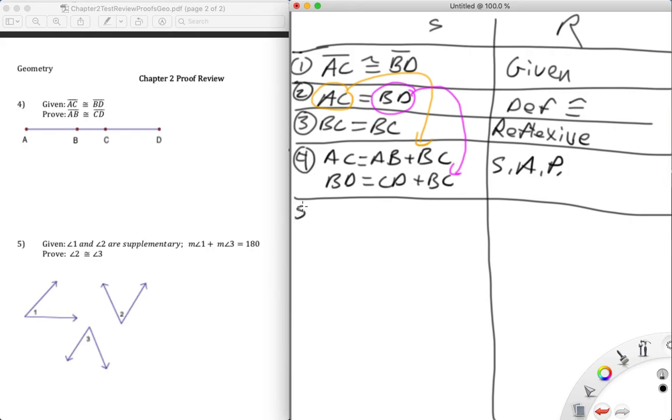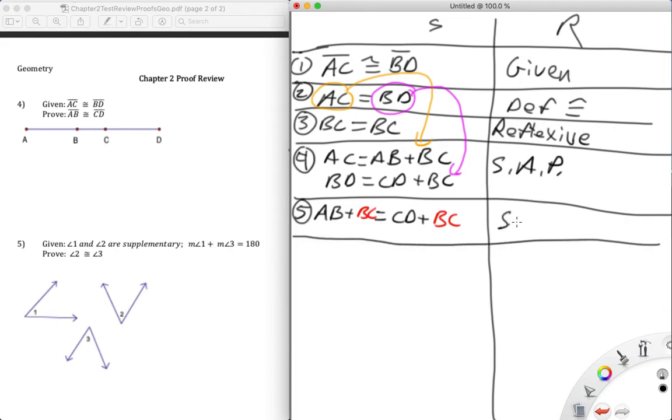So then I can say that AB plus BC is equal to CD plus BC. Notice that I have BC on both sides. That'll come into play in the next step, and this is because of substitution.